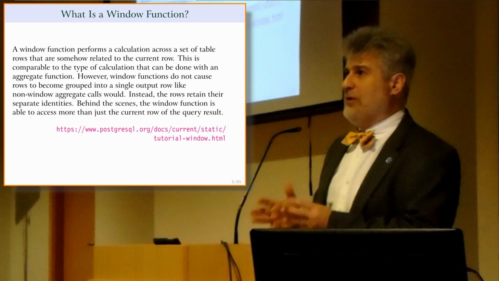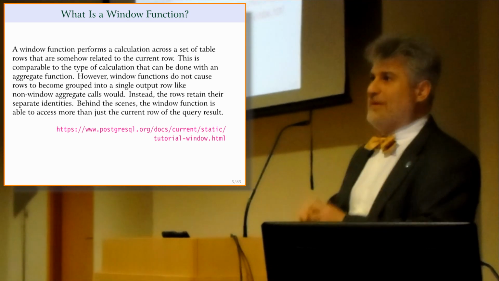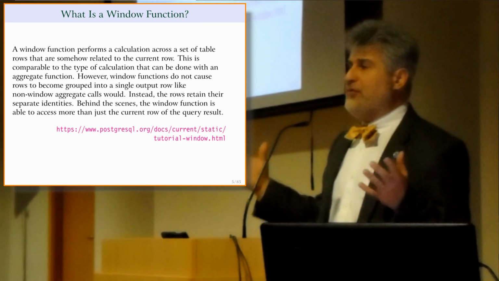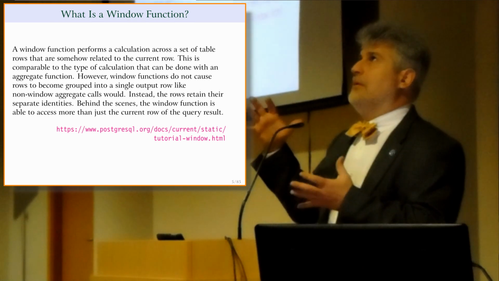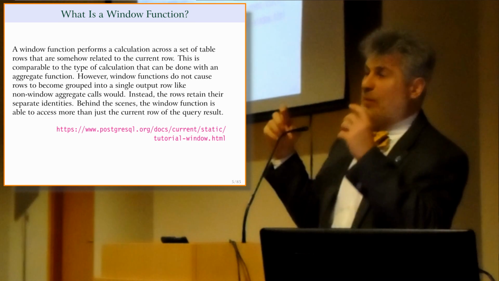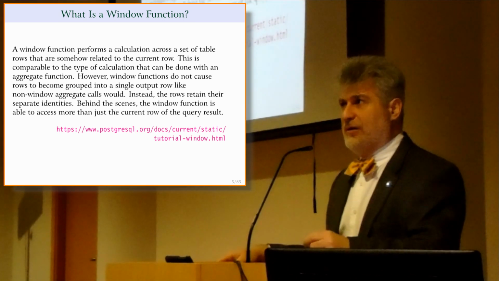And for me, that's the beauty of it. If you just want a sum, and you want one row out, you just want the sum by department, no reason to use a window function, right? But if you want to somehow reach outside your row, but you still want each row to appear distinct in the output, that's really where window functions make sense.